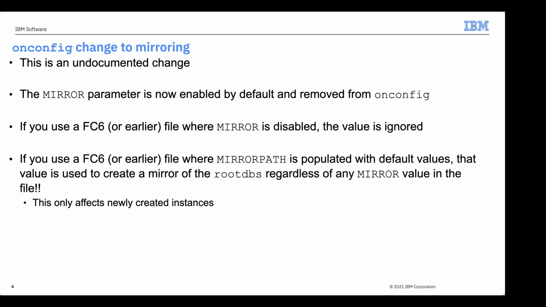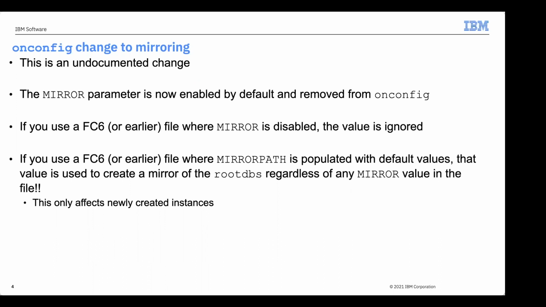In previous versions, for example, in FC6, you could turn mirror on or off, and there was a value in MIRRORPATH that said, create a mirror of the root DB space in, and the value was INFORMIXDIR/tmp. So it was going into a flat file.